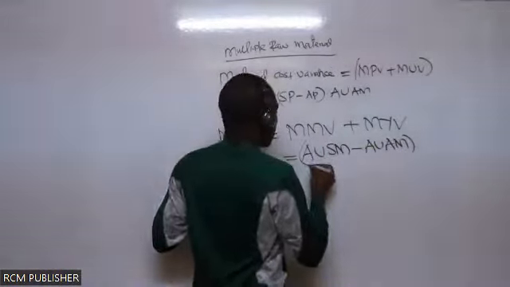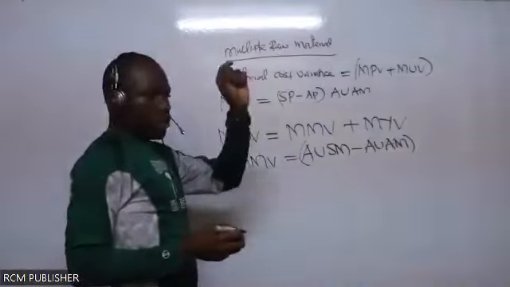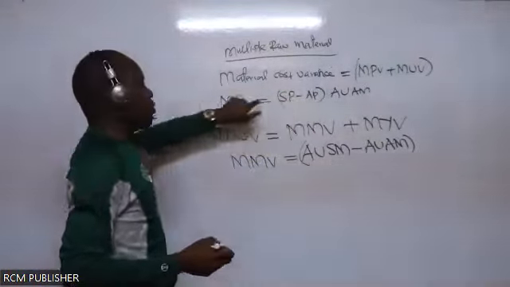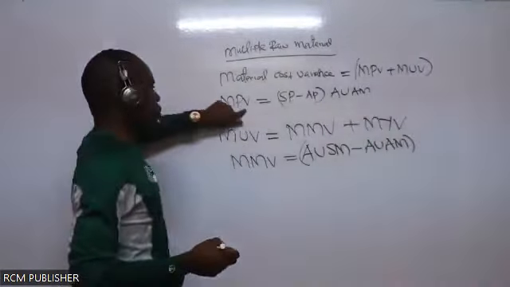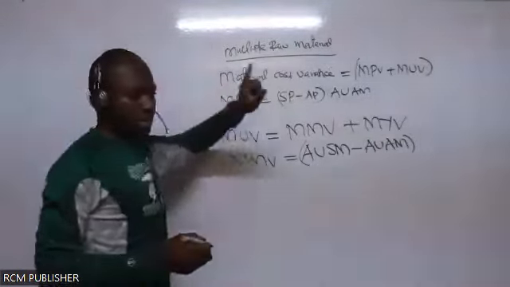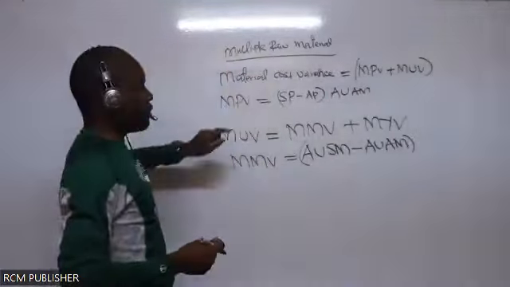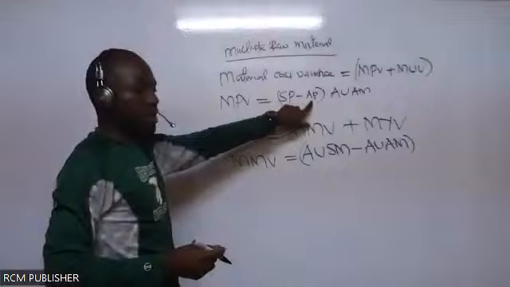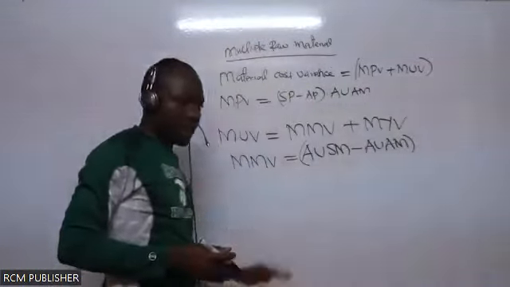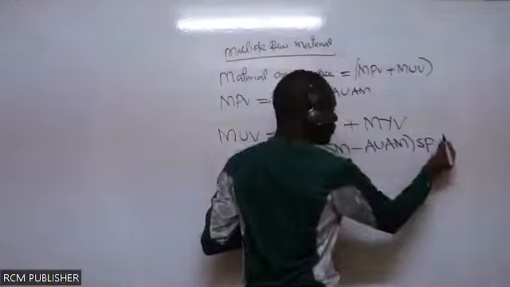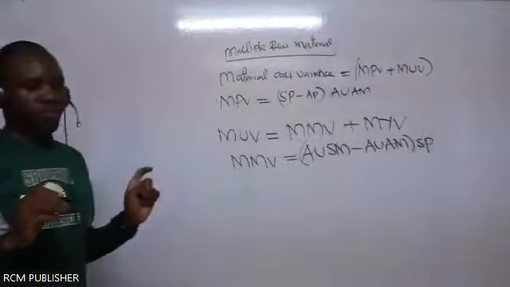Now, remember I told you that the only place we are going to use the actual price is when you're going to look at the variance for the price. Any other thing after that, we use standard price, not actual.